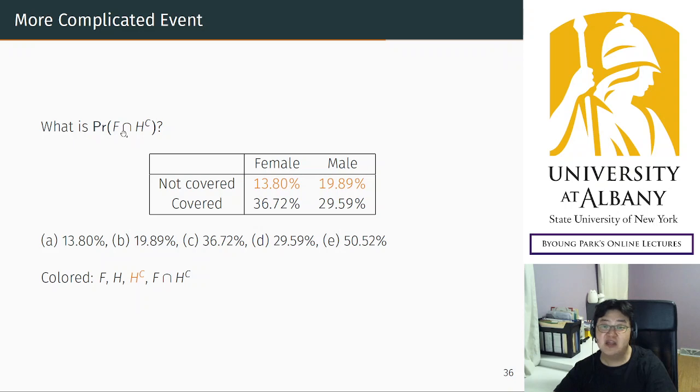And then their intersection, F intersection H complement, is the overlap. There is only one outcome that overlaps in F and H complement. The answer is 13.880%. So it's a little bit tricky, but as I said, following the principle, there is nothing difficult as long as you have the full information.